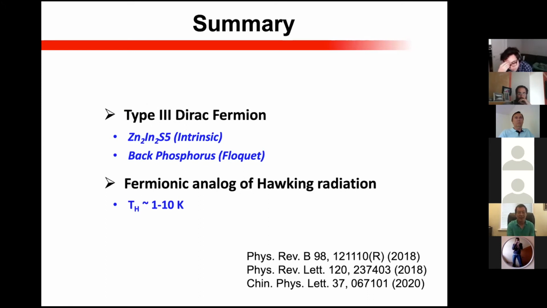And if you can do this in one single material by tuning the laser intensity, frequency, or angle of radiation, you can create an analog of a black hole. Based on this black hole, potentially you can design some algorithm to observe an analog of Hawking radiation. The possible advantage is that the interaction of the system is very strong, therefore the Hawking temperature can be very high, up to Kelvin.